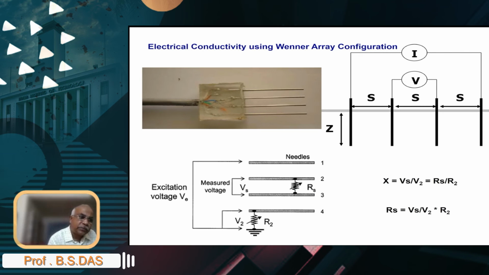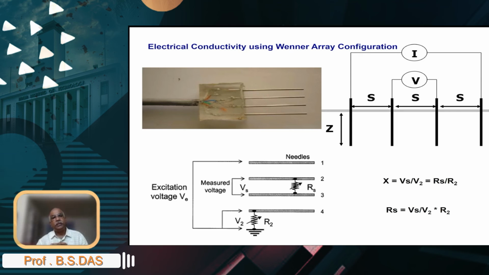For the electrical conductivity probes, there are several electrode arrays. Different configurations are available, and the most popular one is the Wenner array, where four electrodes are positioned equidistant from each other.